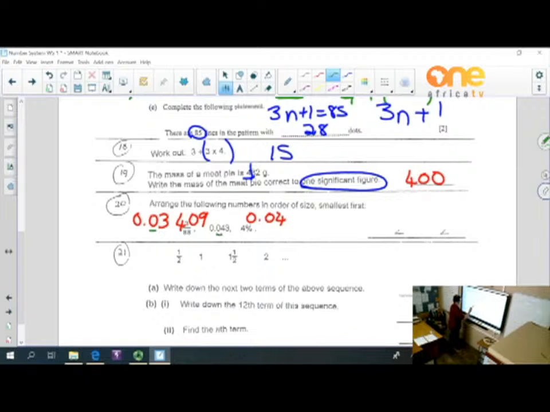There's a 0, there's a 0, there's a 0. Then we look at the next one. Now I've got a 3, I have a 4, and a 4. So this is the smallest one, 3/88. And then I can look at the next one, 0.43, 0.4. So there is a higher one. So it will first be 4%, and then it will be 0.043.